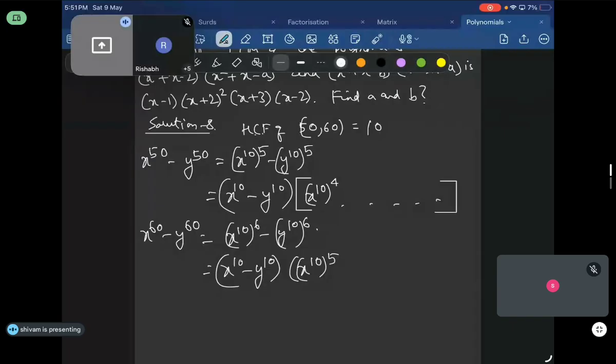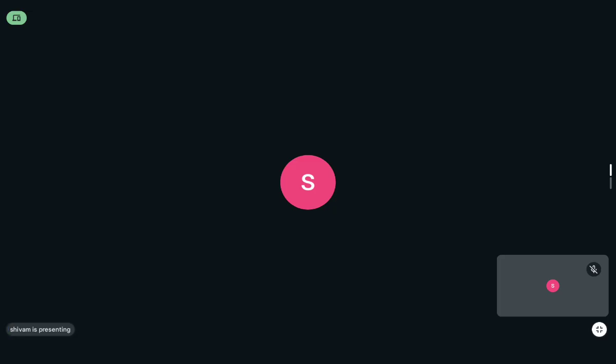Tell me here, what is the highest common factor? Is there any common factor between these two? X power 10 minus y to the power 10. Done. Therefore, HCF is x power 10 minus y to the power 10.